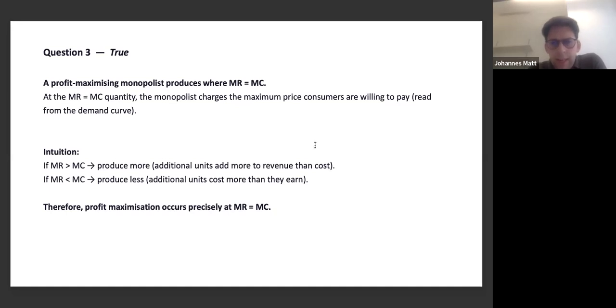So there are, again, a few questions in terms of the structure of the exam and the precise amount of marks awarded and so on.